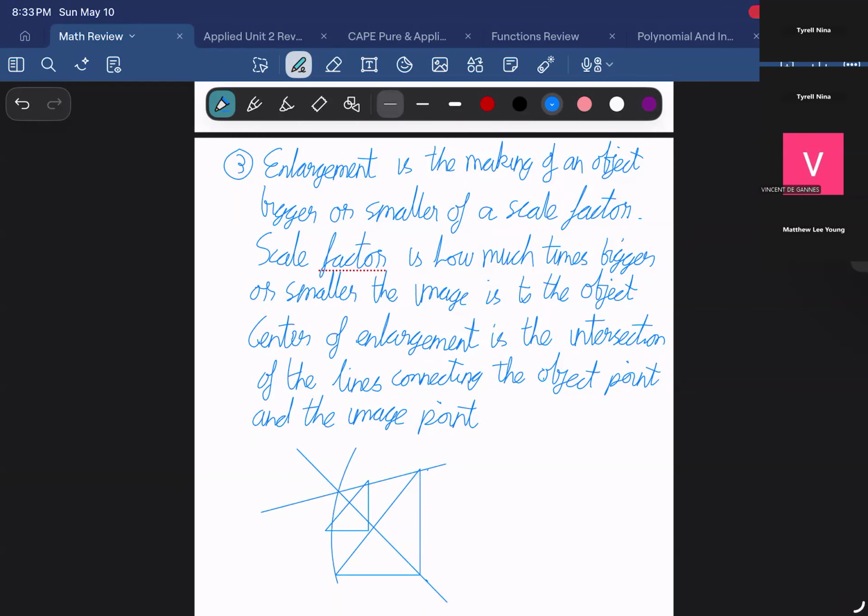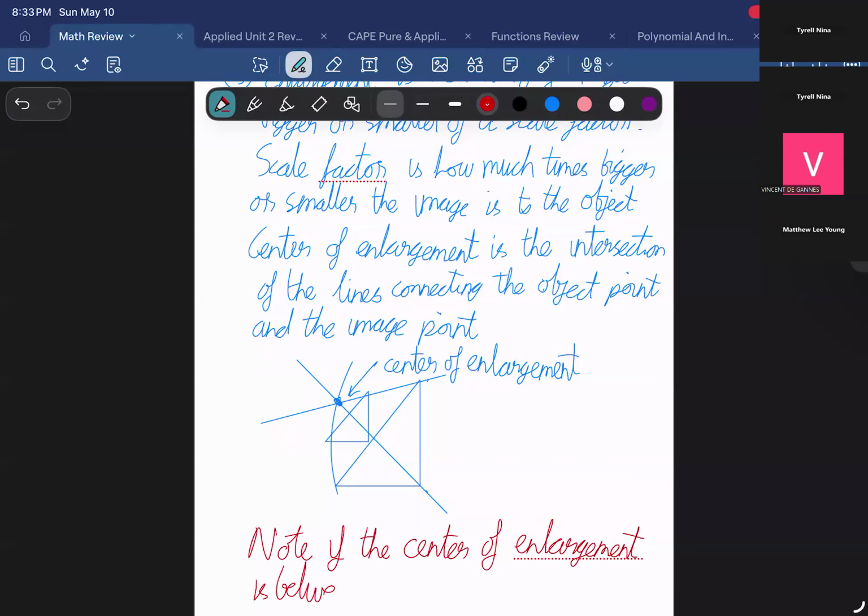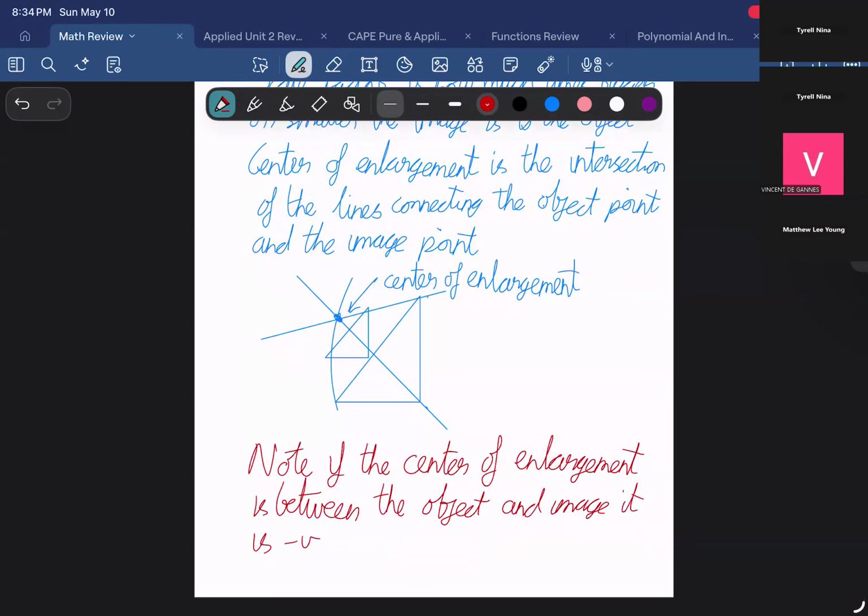This will be the center of enlargement. Obviously, it's not going to be to scale, but you get the idea. Also, note, if the center of enlargement is between the object and image, it is negative, right?